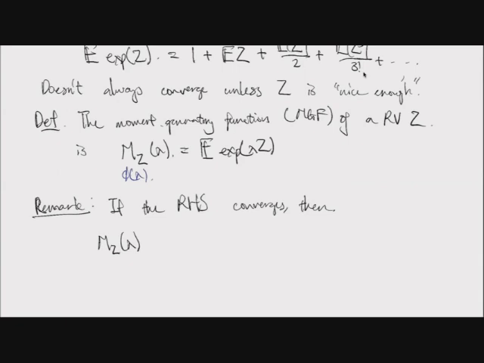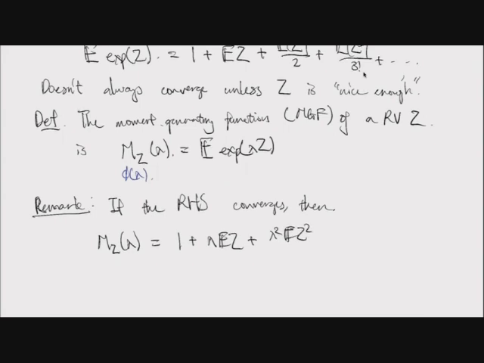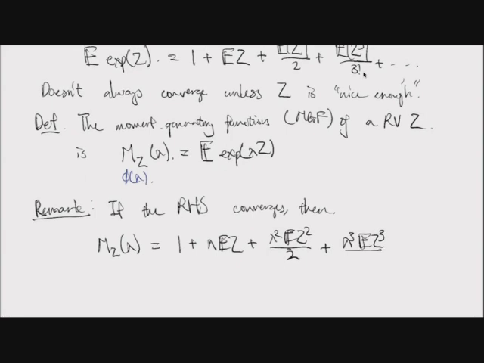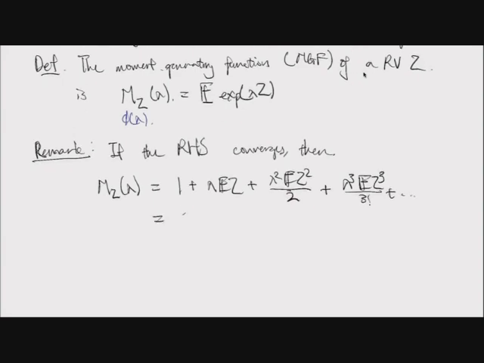the moment generating function is going to be equal to the Taylor series: 1 plus lambda times E of z plus lambda squared times E of z squared over 2 factorial plus lambda cubed times E of z cubed over 3 factorial, and so on and so forth. The closed form formula is that this is equal to the sum from 0 to infinity of lambda to the n times the expectation of the nth moment, divided by n factorial.